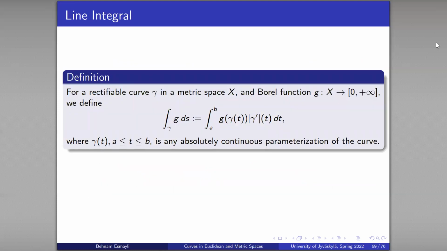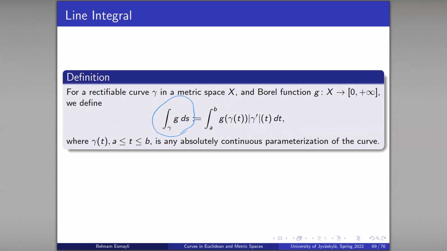Okay, so if X here was my Euclidean space and G was a continuous function, then you would recognize this as the definition of line integrals. That was how we were told to compute line integrals back in calculus. And the definition, here's the definition, and notation here is important.